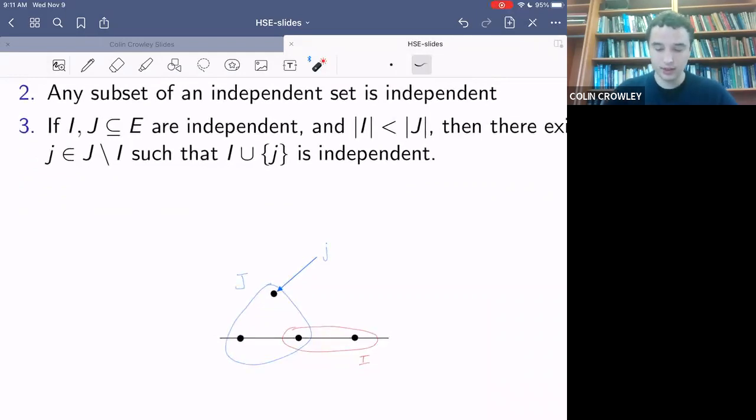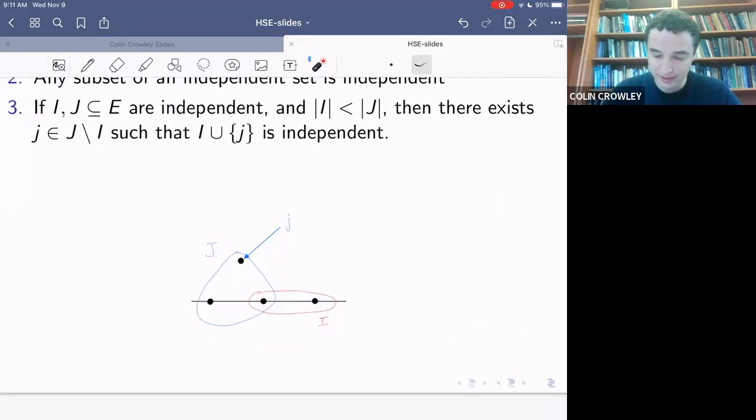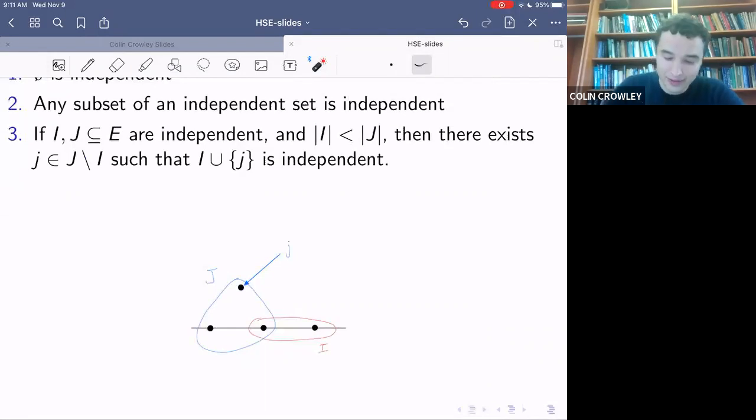So in red, I've circled the set of points I, and in blue, I've circled a set of points J. And J is bigger than I. And there is a point, this one right here, which is independent with respect to the 2 points in I. However, not every point in J will work. For instance, this point, there is a linear dependence between this point and I. Okay, so this axiom is capturing some property of point arrangements.